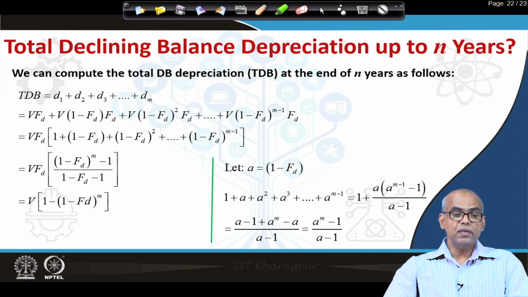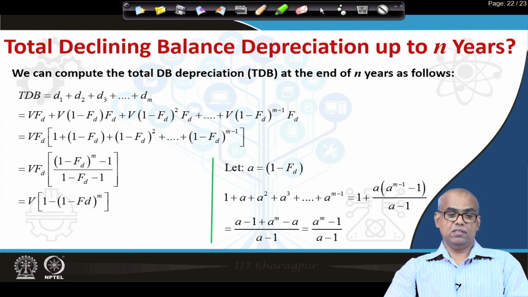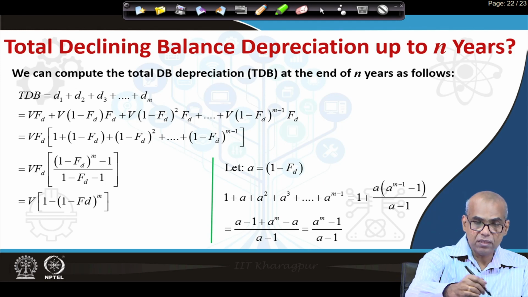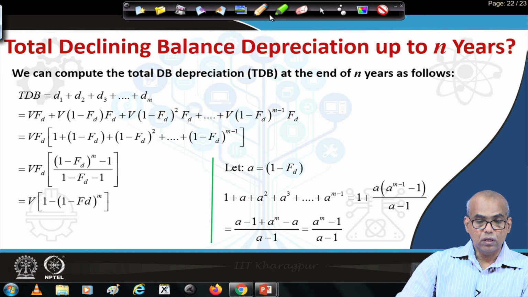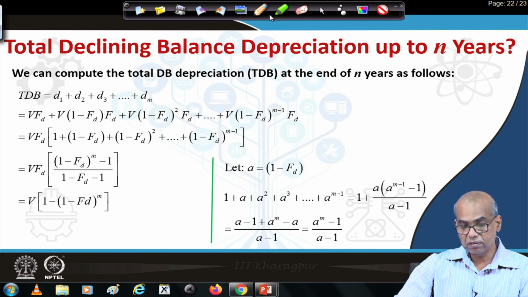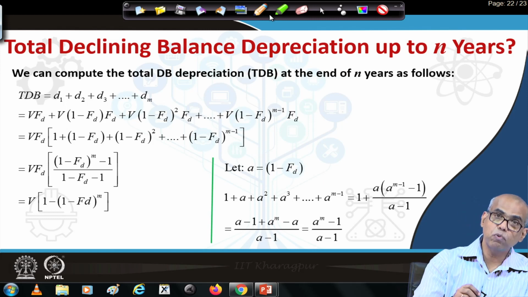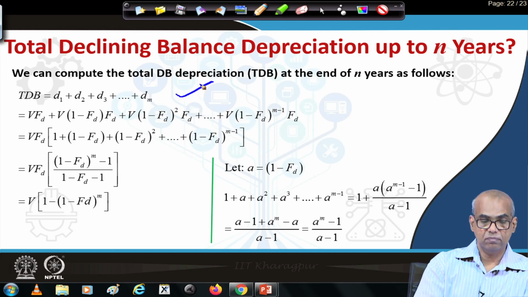How to compute total declining balance depreciation up to, say, given n years? This is a question of algebra. So, you compute, say, up to mth year, it will be D1 plus D2 plus D3 plus D4 plus D5 up to Dm.